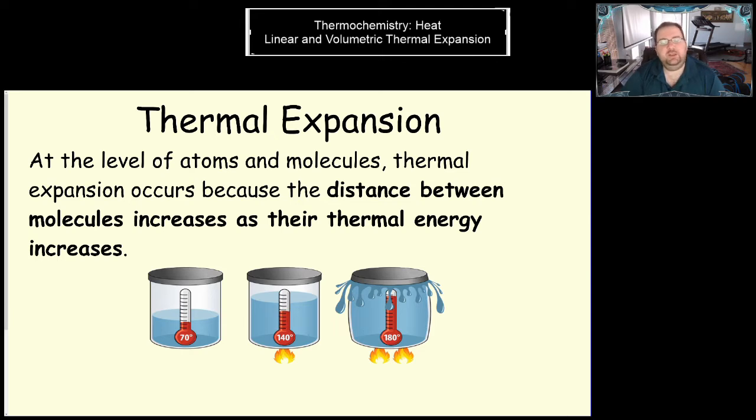So we know that when we look at a structure, our materials, at the level of the atoms and molecules that make up those materials, thermal expansion can happen. Think about the beams in your roof. If you are in an industrial building, those beams might even be made out of metal, right?